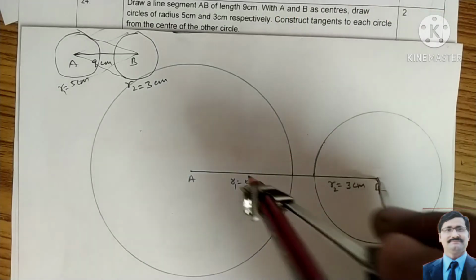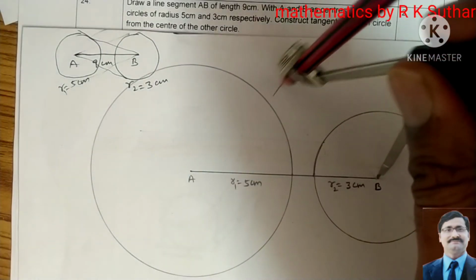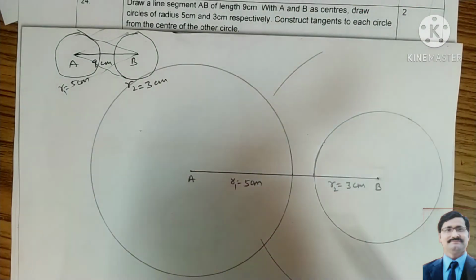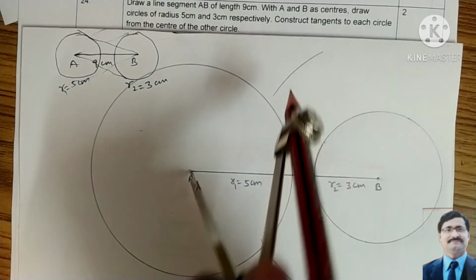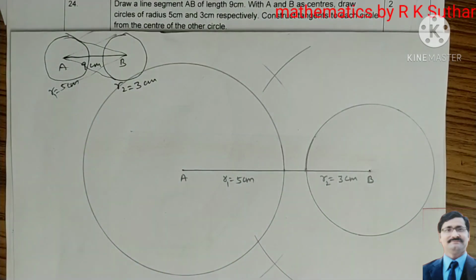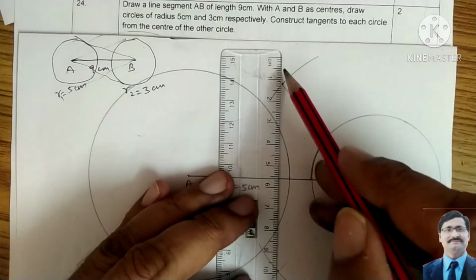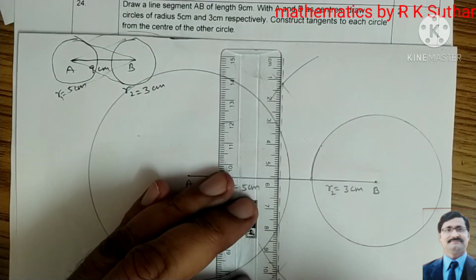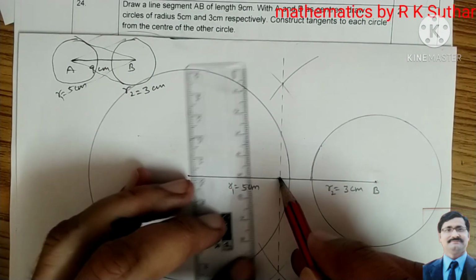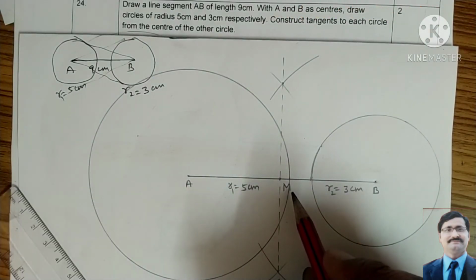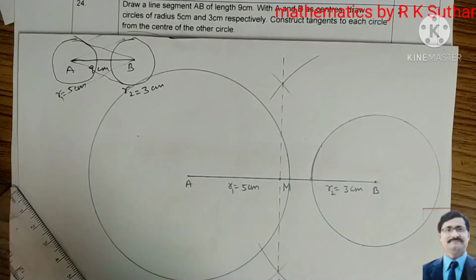For this we will open the compass more than half, and we will cut two arcs from B and from A. We cut the arcs, and we join the intersection of the arcs by a dotted line, and we get a point here, M. We take M as a center and we draw a circle.